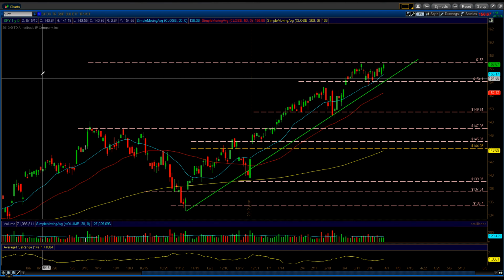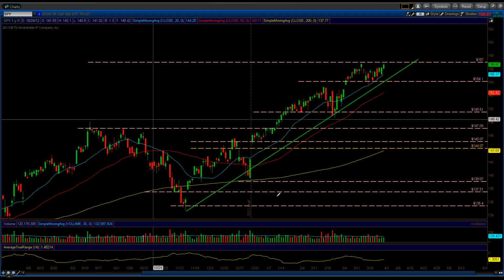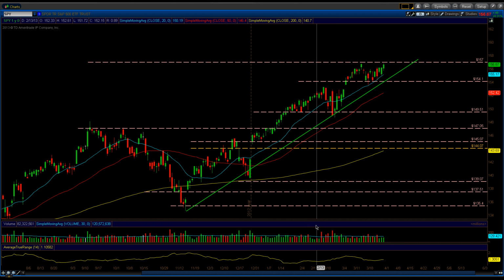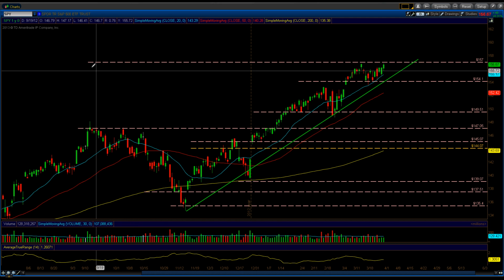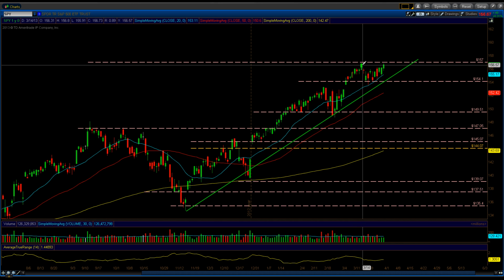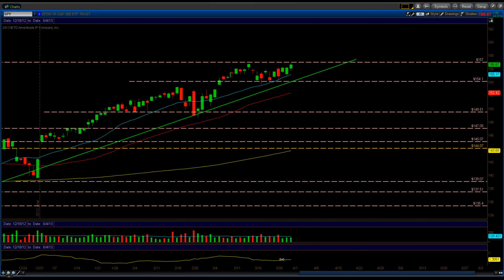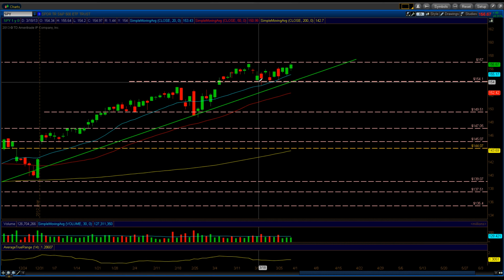So this 157 level, I talked about this level to you guys all the way back in September of last year. If you rewind and want to check out a video from 2012, you'll see that I actually talk about this 157 level, and as you can see, the market went right into the 157. Not perfectly, but pretty close to it, and then we get a small pullback right into the 154.10.